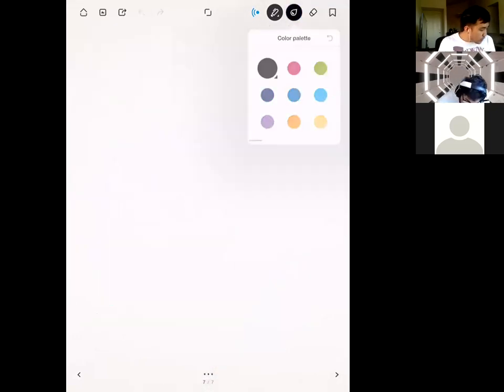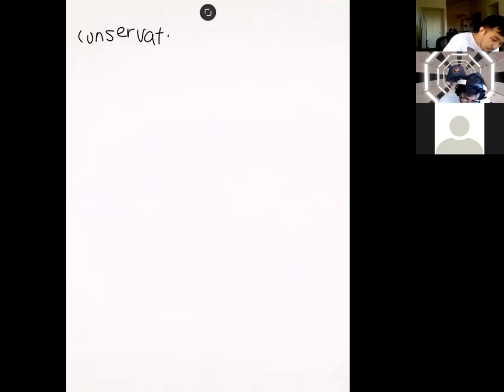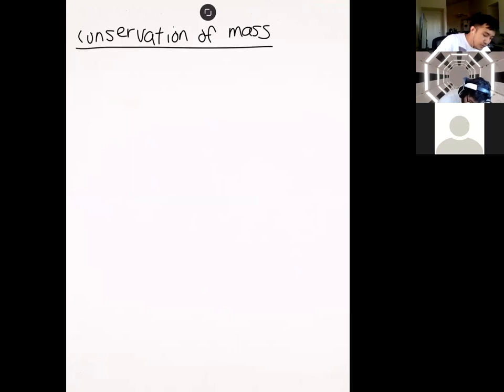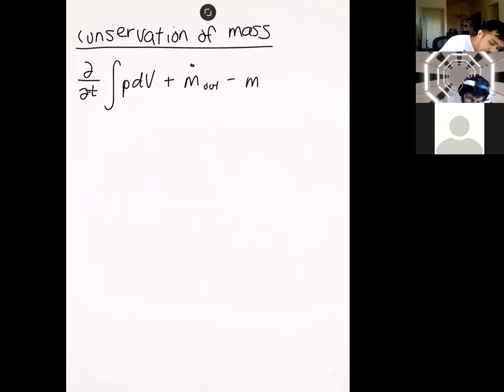And so just like we do in most problems, we're going to start with conservation of mass. Okay, because conservation of mass is really great at helping us find velocities. And so in conservation of mass, we have partial t integral of rho dV, okay, plus m dot out minus m dot in, all that's equal to 0.